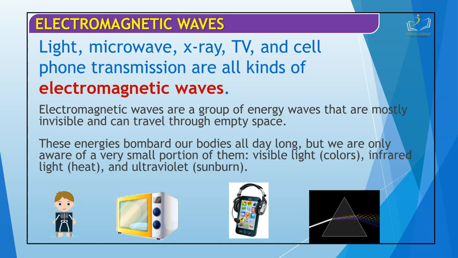So electromagnetic waves are a group of energy waves that are mostly invisible and that can travel through empty space also. These energies pass through our bodies all day long, but we are only aware of a small portion of them, like visible light because it has colors, infrared light because it has heat, and ultraviolet because of sunburn.